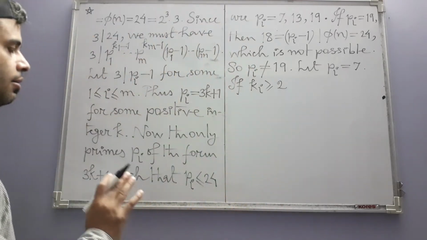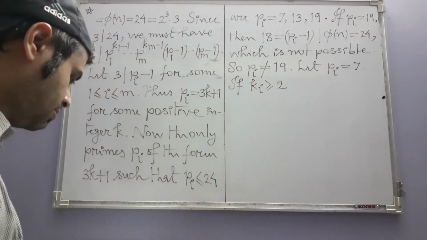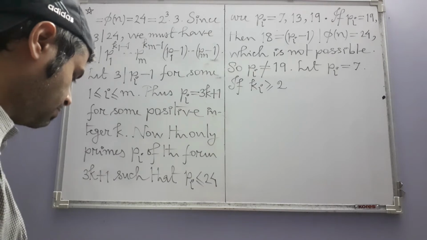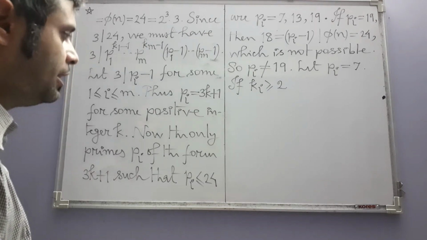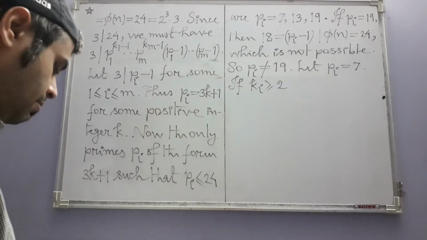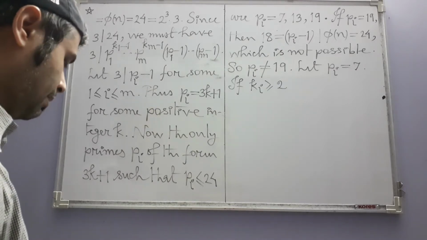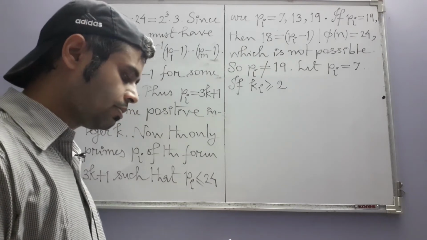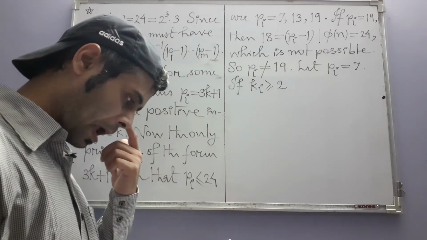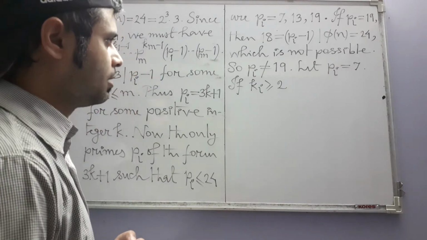Okay, wait, just let me see one thing. Oh, we don't have to. Okay, now only I am seeing this. So we cannot exactly go like this, the argument that I have here.